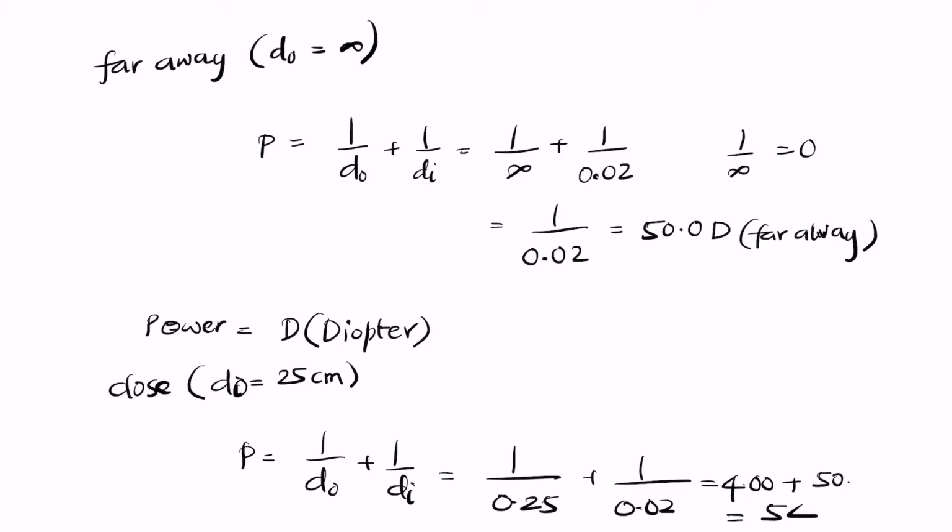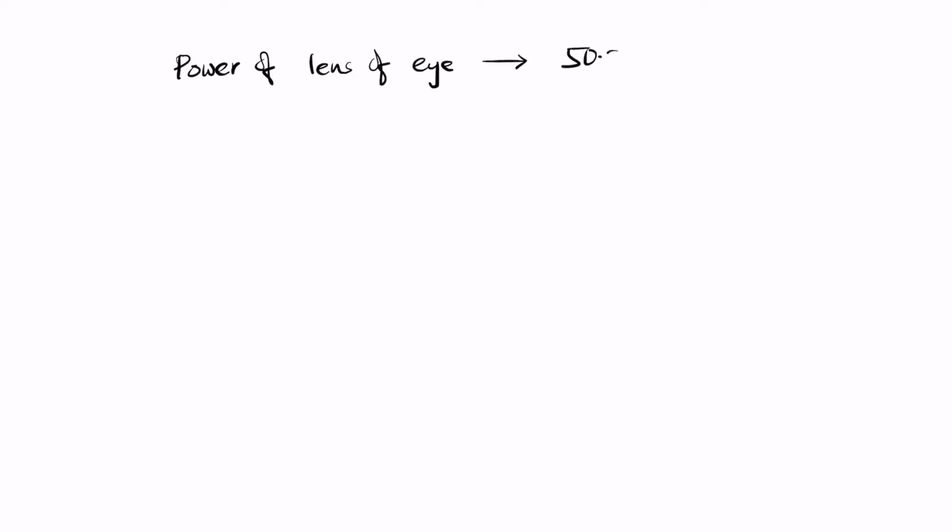So the value is 54.0 D. This is when you have close vision. So the power of the lens of your eye ranges from 50 diopter to 54 diopter.